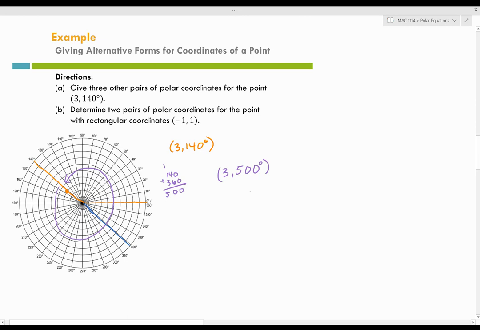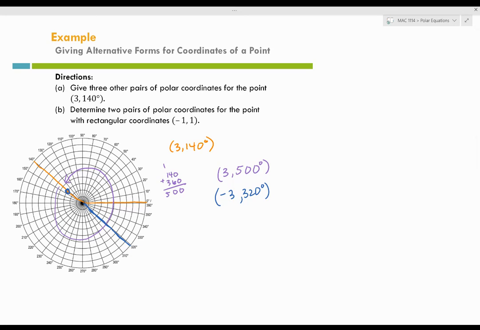When you're in the polar system, you can walk backwards, remember? So if I rotate to 320 degrees, I wouldn't want my person to walk along this way. I would want them to walk backwards to get back to the same point. I still need them to walk out 3, but anytime you need them to walk backwards, your r is going to be negative. So that could bring me to the same point.